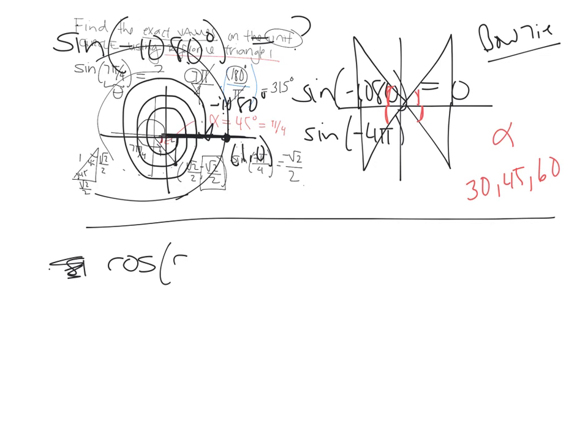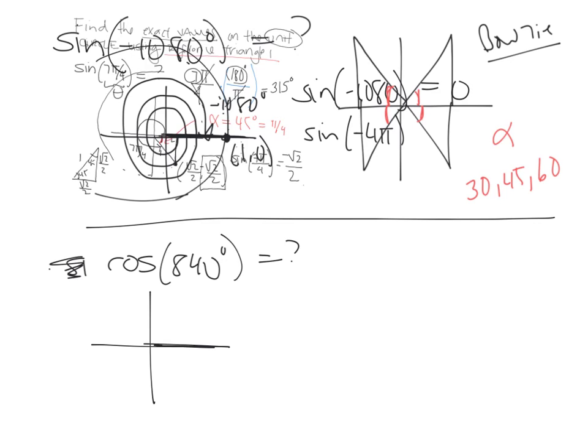So let's do the cosine of 840. I want to know what the cosine of 840 is. So where is 840? We're doing the same thing: 840 divided by 360. Two full revolutions is 720.